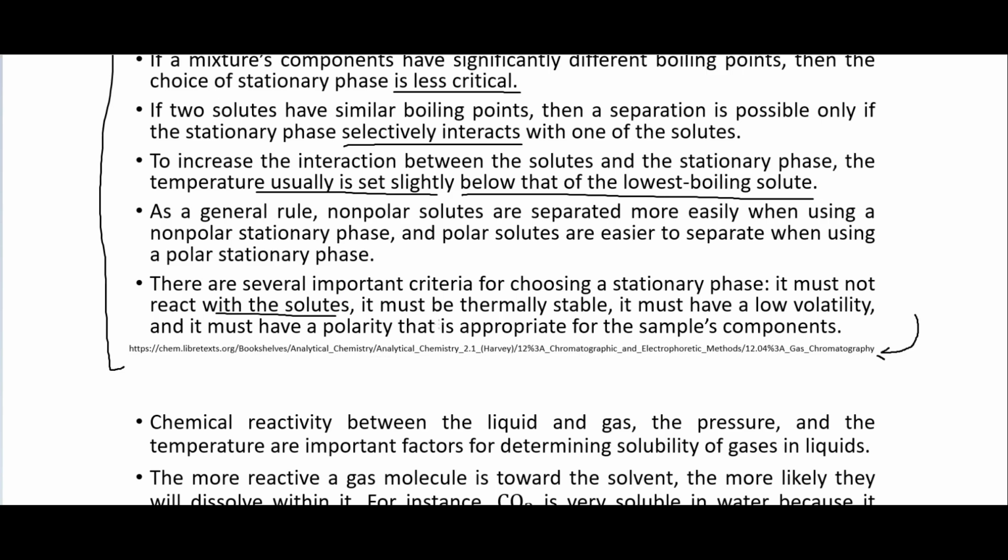It must be thermally stable, so we don't want our liquid stationary phase to actually evaporate and itself move through the column. It must have a low volatility, which is kind of the same thing here. I think thermally stable is talking about we don't want it to react as it gets heated up, and the low volatility has more to do with the actual evaporating of our stationary phase. And it must have a polarity that is appropriate for the sample's components.